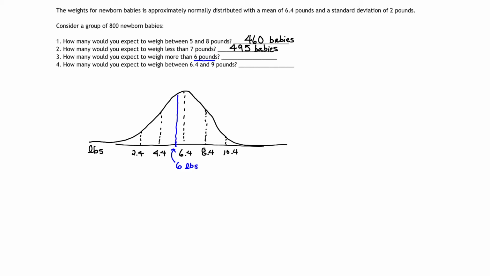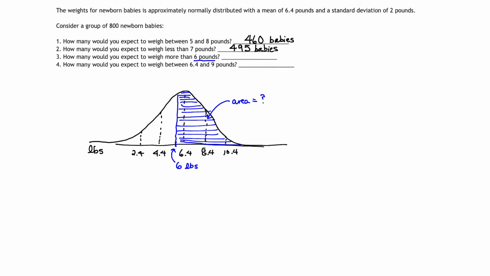And we're looking for the number of babies that we would expect to weigh more than 6 pounds. And that's equivalent to answering the question of what percentage of babies fall in this blue region, or what is the area under the curve in this region. So that's what we're trying to find.